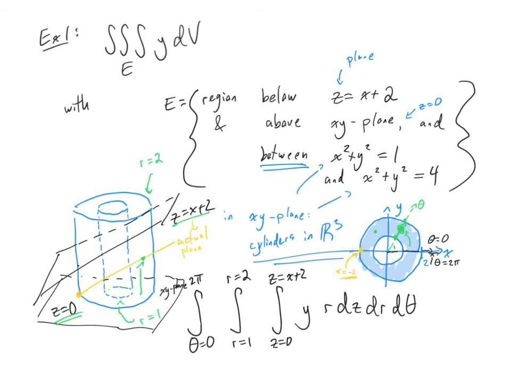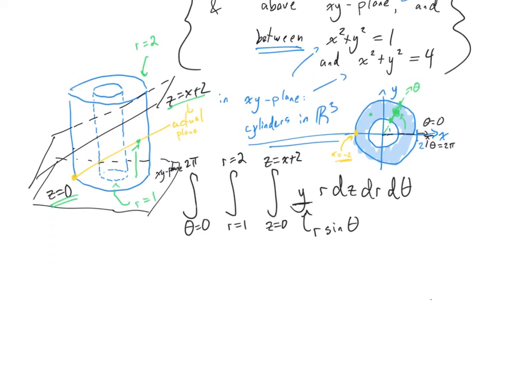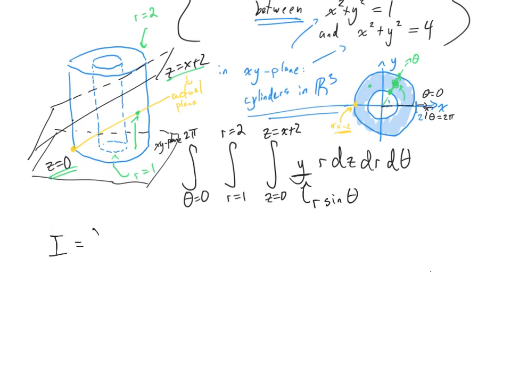Okay, let me give myself a little bit of room to actually compute this integral. I see I didn't do one thing, which is I have this y in here. So what is y going to be? y is going to be r sine theta. So the actual integral I care about is the integral from theta equals 0 to 2 pi, r equals 1 to 2, z equals 0 to x plus 2.